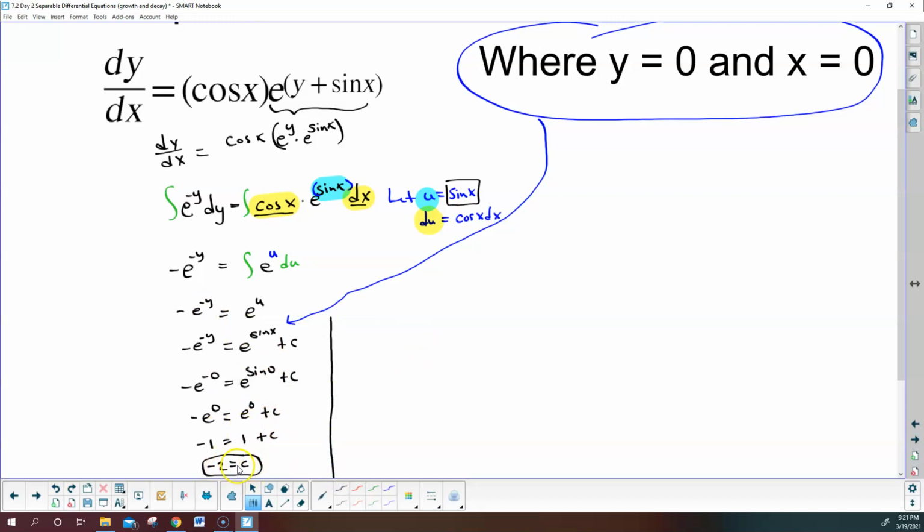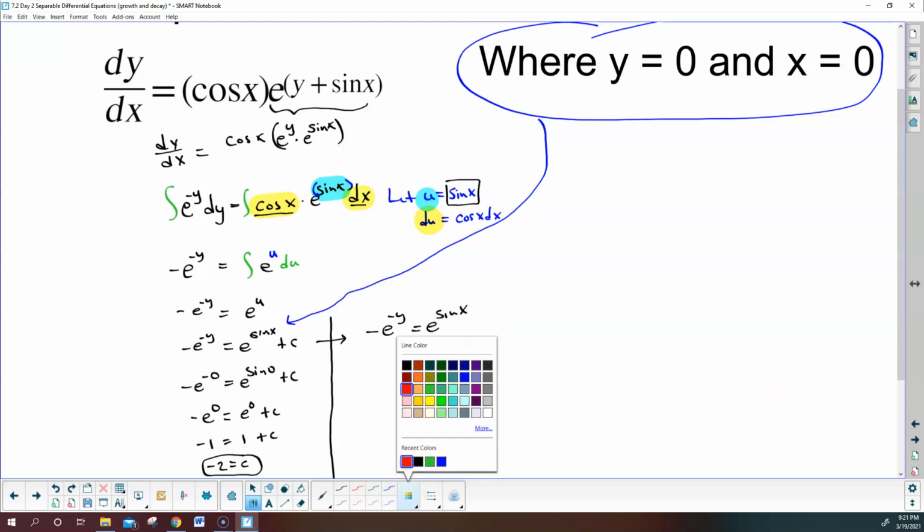But now that I know c, I'm going to go right back to the spot where c first appeared. And we'll plug in c equals negative 2. Now it's just algebra time. We've got to solve for y.